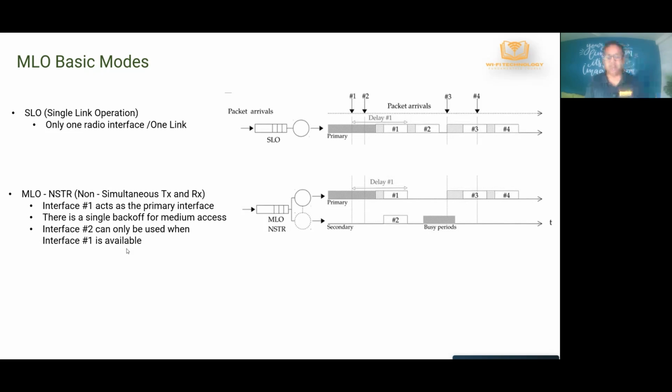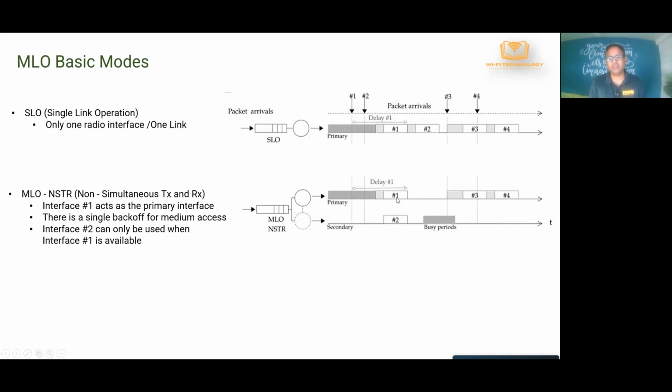There is one method here where you can use multiple radios to simultaneously transmit, but there is one primary radio and one secondary radio, and you can only transmit or only receive across these multiple radios. You cannot do both, right? So, for example, when you are contending for the medium, you contend for the medium on the primary channel, and then you check that the secondary link is also available.